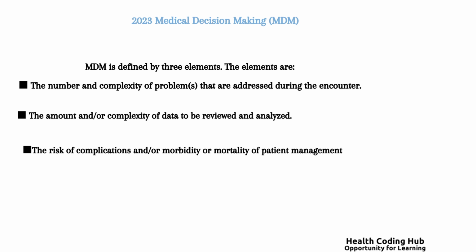These data include medical records, tests, and other information that must be obtained, ordered, reviewed, and analyzed for the encounter. These include information obtained from multiple sources or interprofessional communication that are not reported separately, and interpretation of tests that are not reported separately. Ordering a test is included in the category of tests.